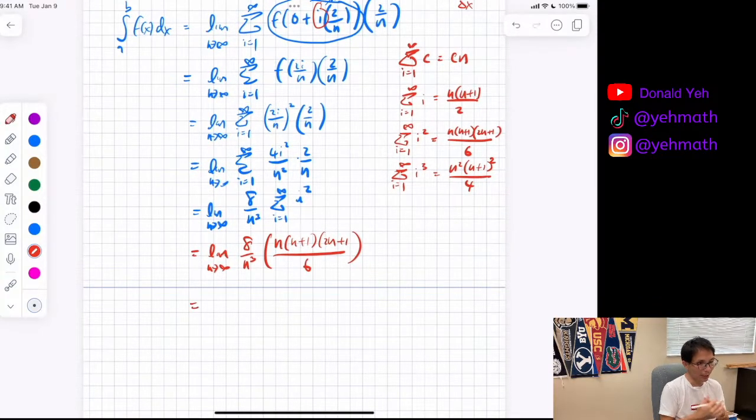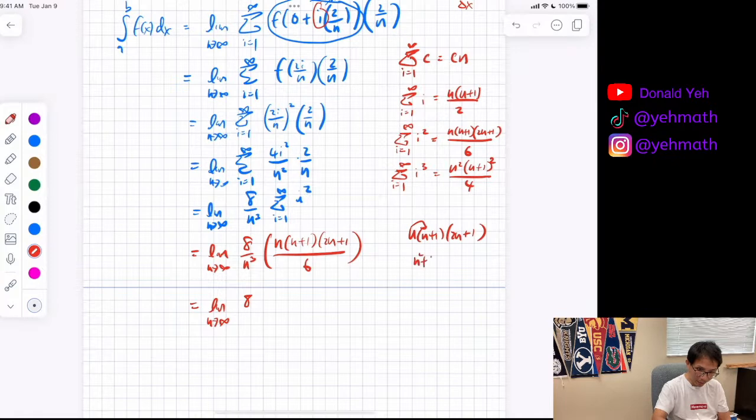Now we just do the last easy part. The easy part is the limit as n approaches infinity, where you look at just the highest degrees. In this case, I'm going to distribute n times (n plus 1) times (2n plus 1). That's going to be 2n cubed plus n squared plus 2n squared plus n.